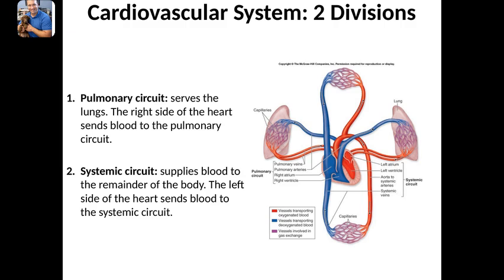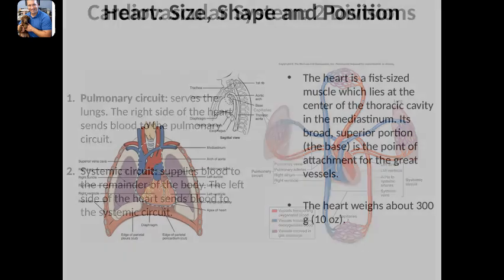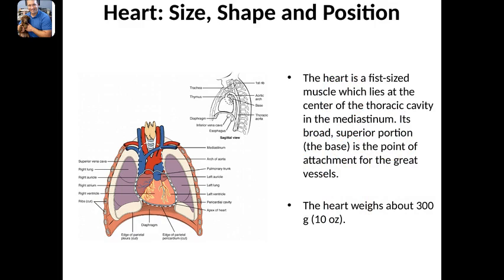Then the aorta is going to make a loop called the aortic arch, and it's going to go south along the spine, and it's going to finally bifurcate or hit a fork in the road at about the level of your navel. It's going to branch into the two common iliacs, which then feed the lower extremities. So the pulmonary and systemic circuits.